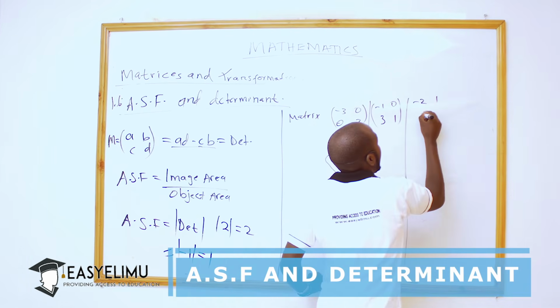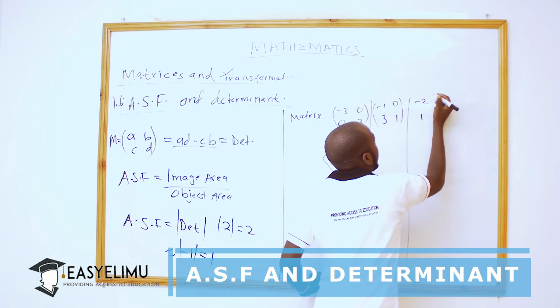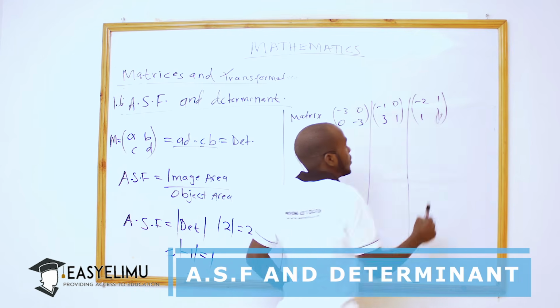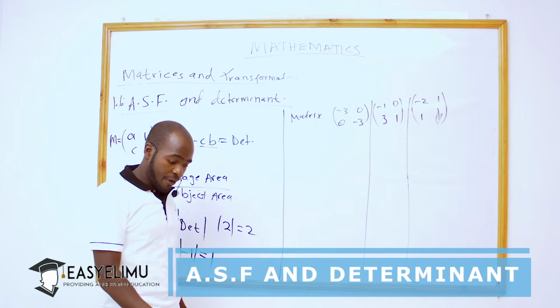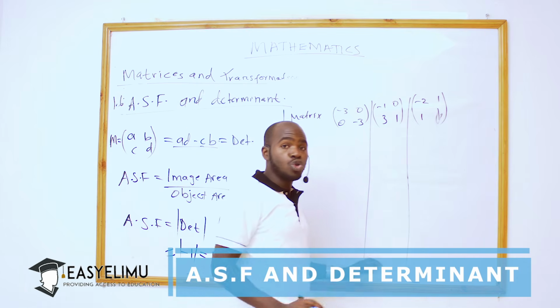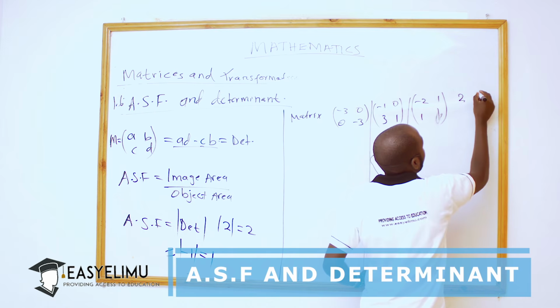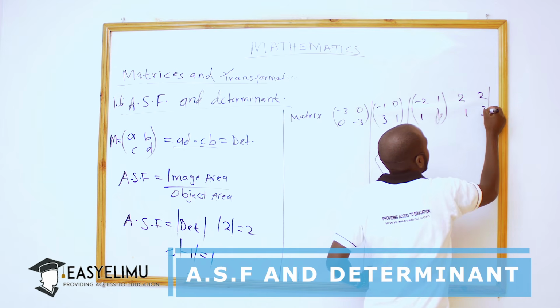Then -2, 1, 1, 0, 1, 1. Then, for example, another one, let's say 2, 2, and 1, 3.